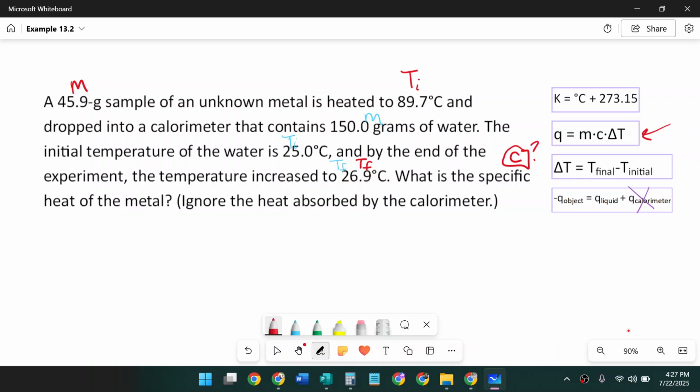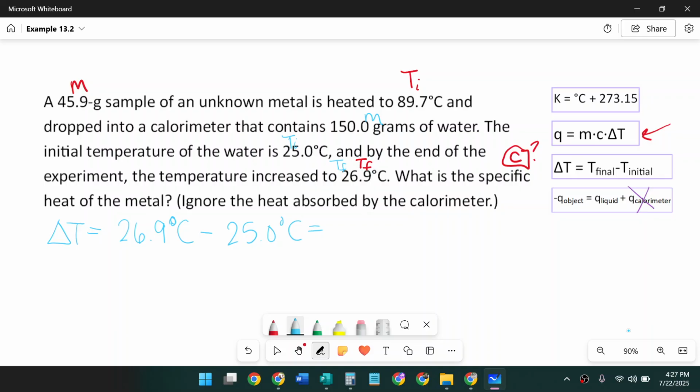Okay, so let's start with finding our Q's. We're going to do the change in temperature for the water first. So we're going to start with the final temperature, and we're going to subtract the initial temperature. I'm going to make my font smaller in the middle, but I wanted the problem big so I could write all over it.